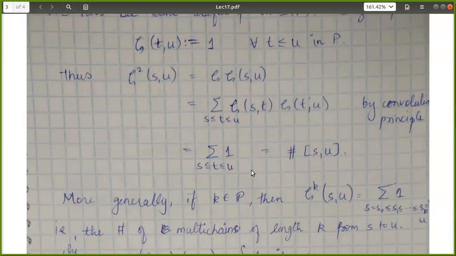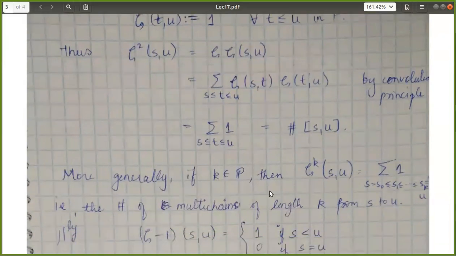If you keep on proceeding in this manner, what you can in general write is that for any k in natural numbers, the zeta^k of SU is the summation of 1, and this summation runs over this entire sequence.